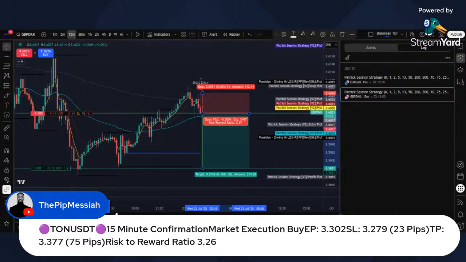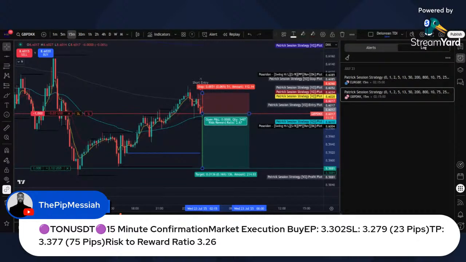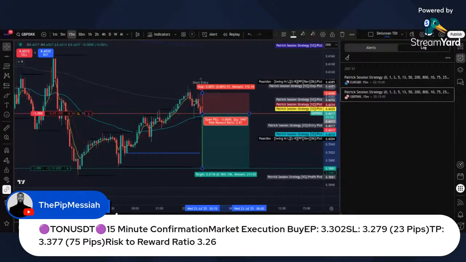The take profit is going to be 8.5881. That's going to be for 136 pips. Stop loss is going to be 8.6068. That's going to be for 51 pips. And the entry price is going to be 8.6017.